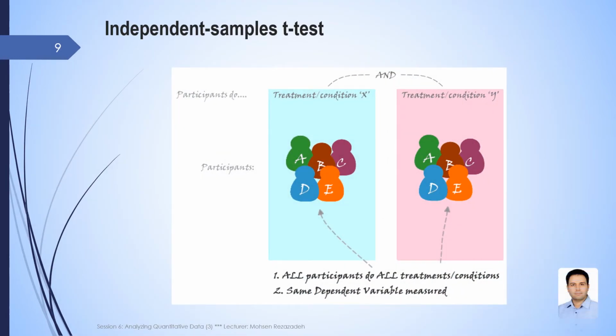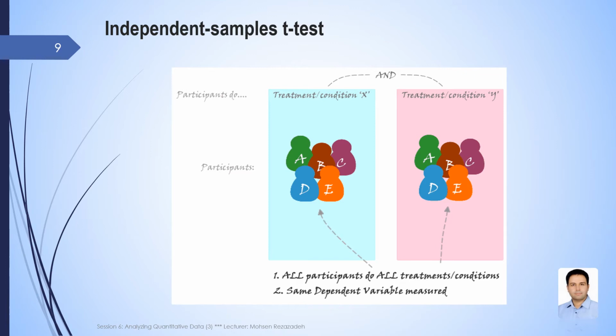This figure illustrates the condition in which we can use the independent samples t-test. If you pay attention, you can see that we have two different groups with different participants, for example, A, B, C, D, E. These are the students. In one group, the treatment is, for example, teaching strategies for writing. The other group is the control group.